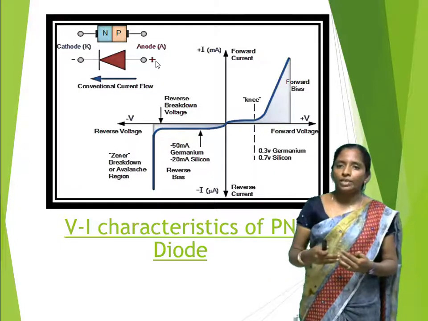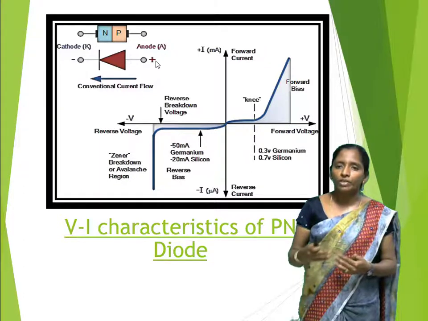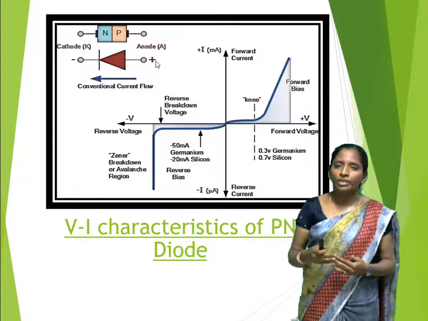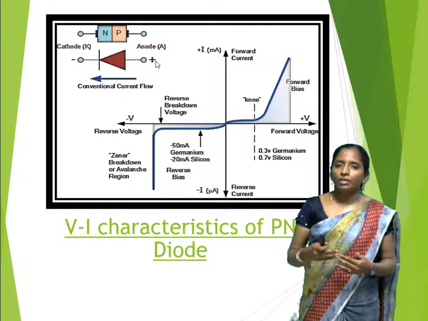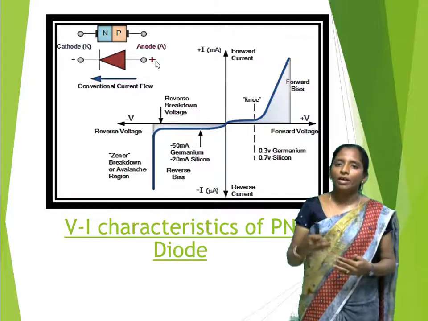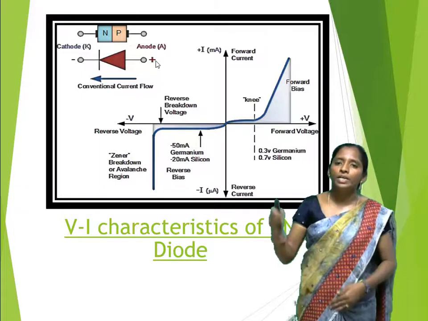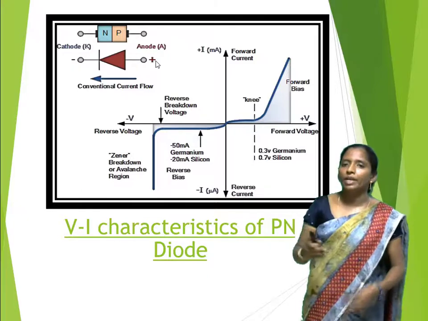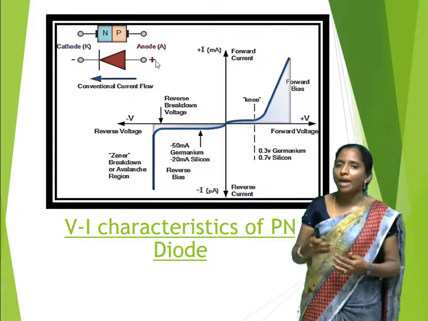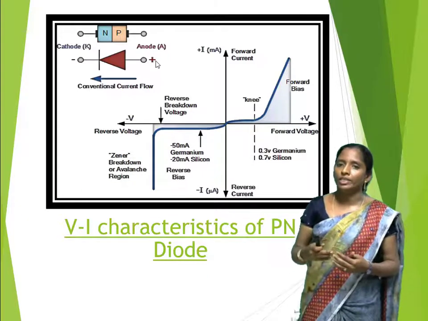Until the cut-in voltage, that is 0.3 volts for germanium and 0.7 volts for silicon, there is no current flow in the PN junction. Once the cut-in voltage is reached, maximum current flows in the PN junction diode. This cut-in voltage is also known as barrier voltage or knee voltage.